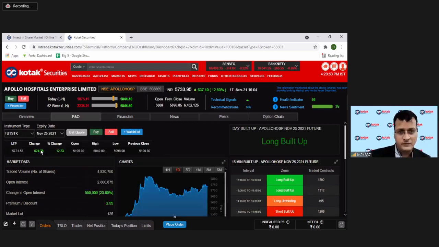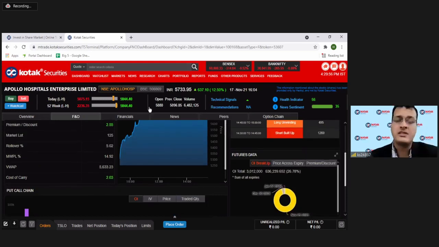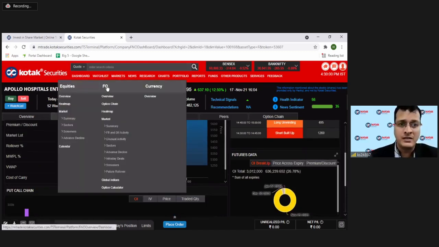You can see percentage change, open, high, low, from the market section itself. So you go to overview.